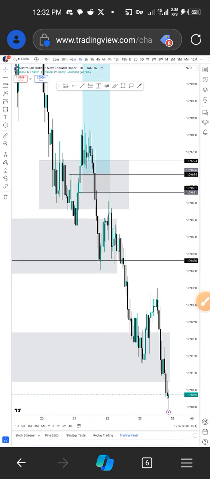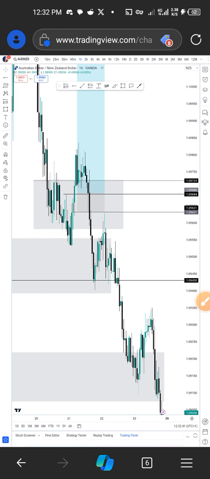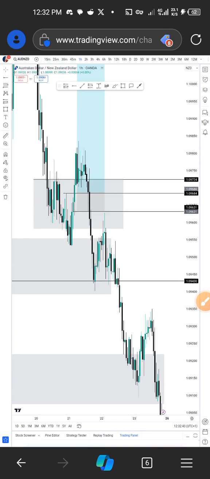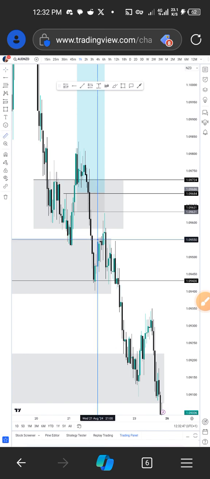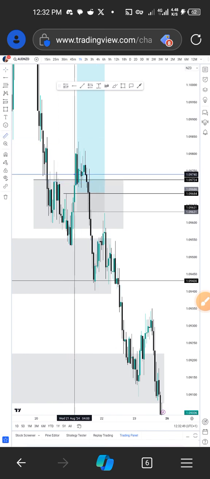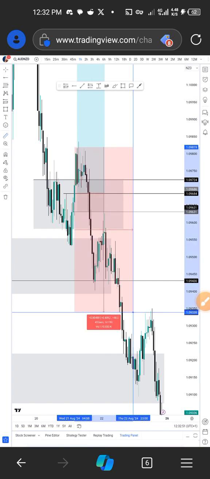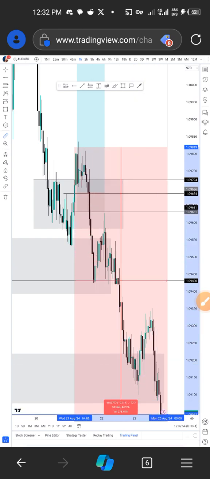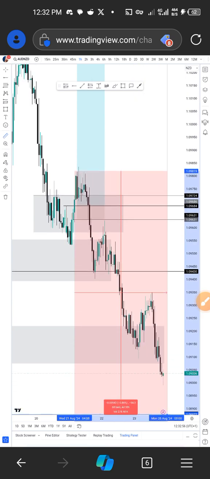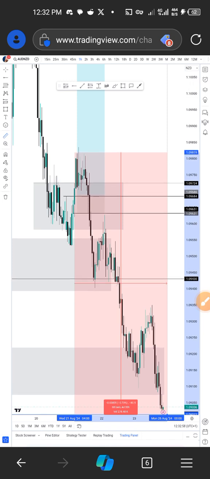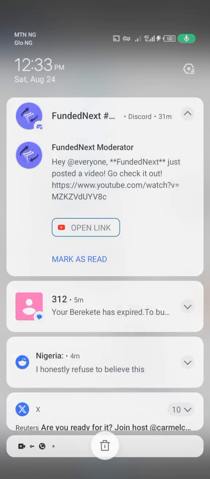I need to learn from this, because price has been dropping. Let me see the movement. Price has moved how many pips? Price has moved 80 pips.